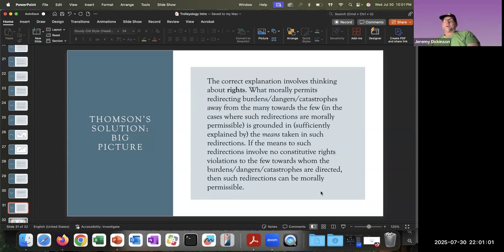And if you think about these three options, in your own case, you wouldn't want to get killed in order to save the five.